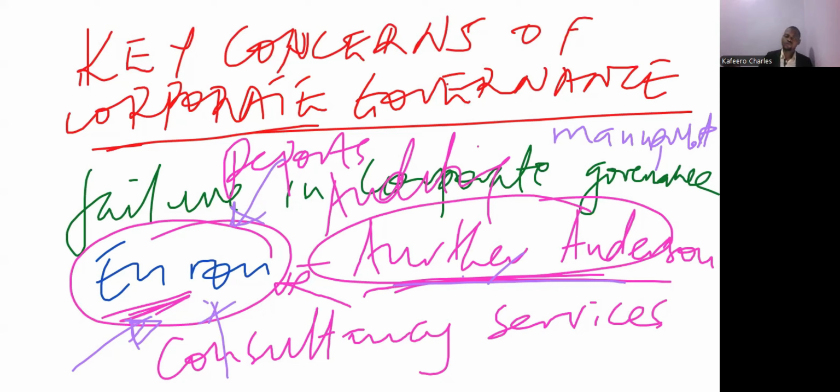Even the profit was overstated, and even the dividend per share was overstated. So they looked at Enron as a very profitable company for any investor, and investors relied on the information prepared by Arthur Anderson to invest in Enron.